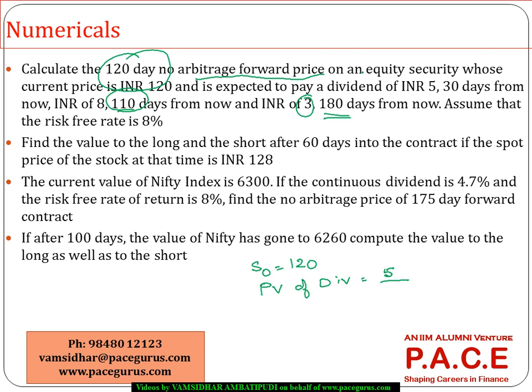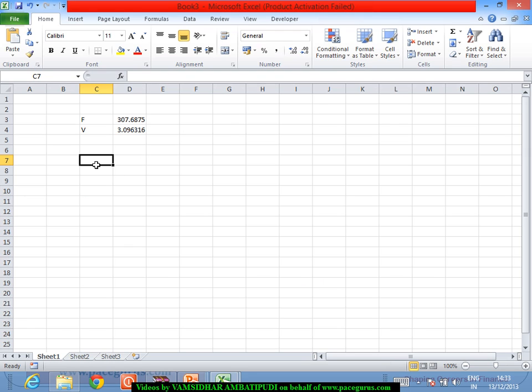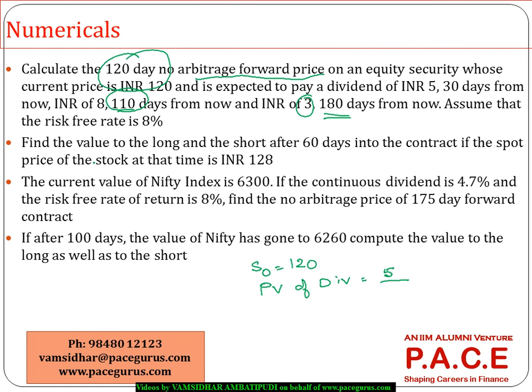So if I look at the current spot price, the current spot price is 120. The dividends: 5 is going to be paid 30 days from now, 8 is going to be paid 110 days from now, and 3 is going to be paid 180 days from now. Now we know that this contract is only for 120 days.